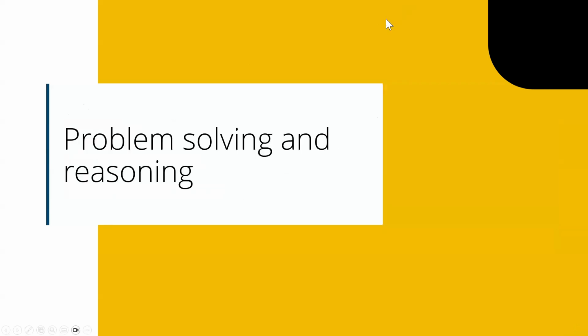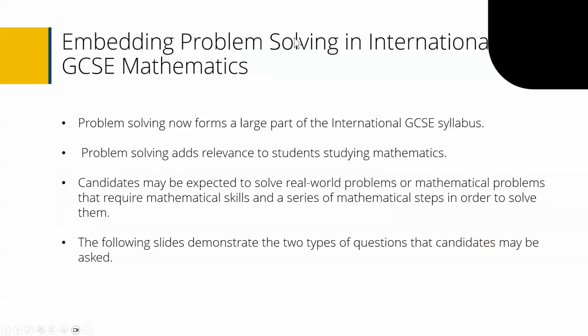So moving into problem solving and reasoning. What I would like to remind you all is that 30% of the questions, especially in the higher tier, are problem solving, and 20% of the questions are reasoning, and that's in the FMB1 and the 4MA1.